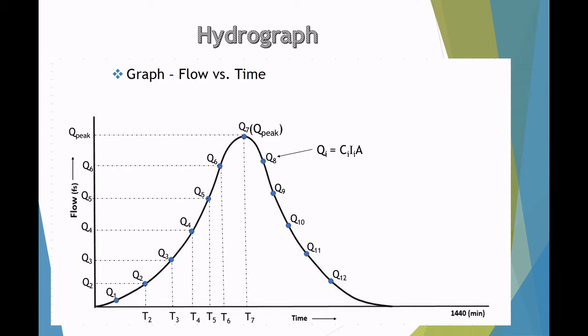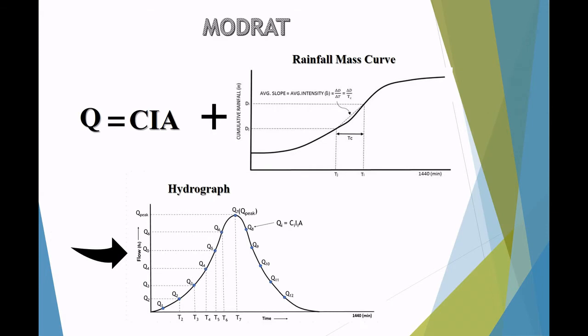To recap, the Marrat uses the traditional rational equation Q equals CIA combined with a rainfall mass curve to generate different surface flow rates Q at different times throughout the storm, which results in a hydrograph here. And then from the hydrograph, we can calculate the runoff volume.